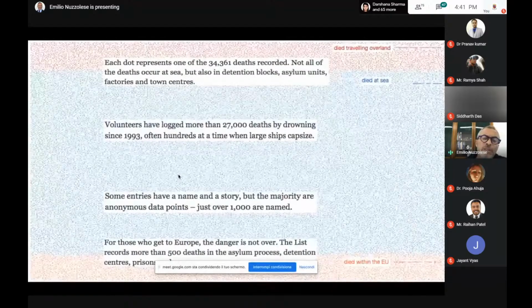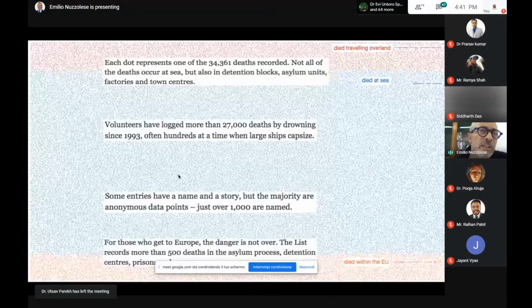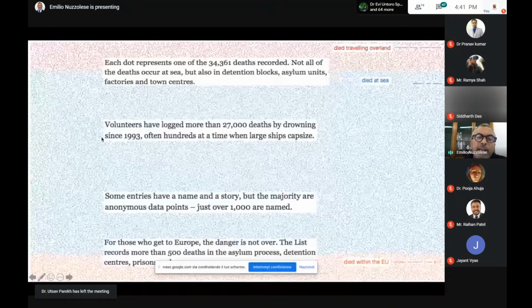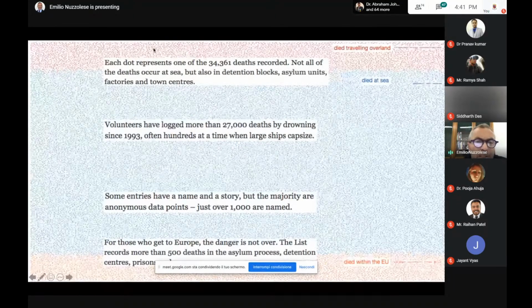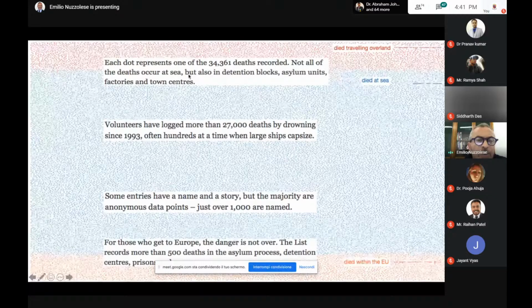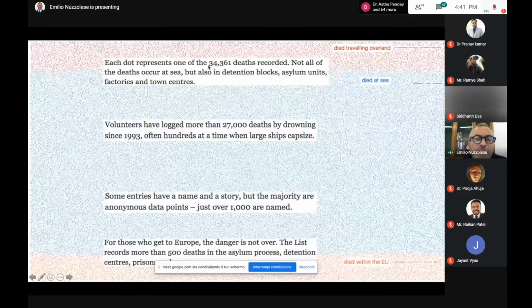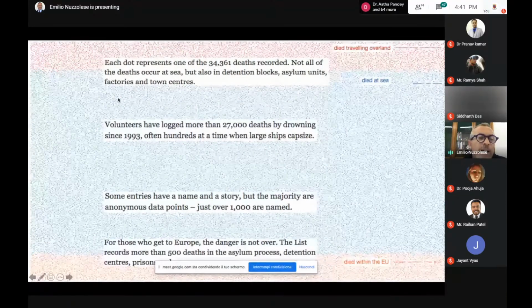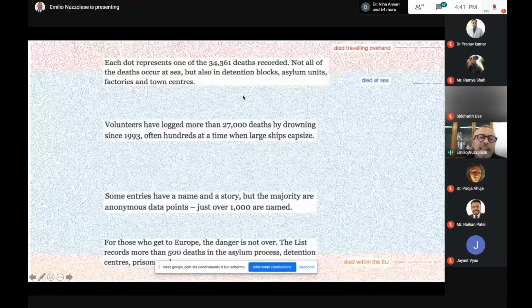Using this Guardian article on migratory flows, you can see here that each of these 34,371 dots corresponds to a dead person, a dead person without an identity.